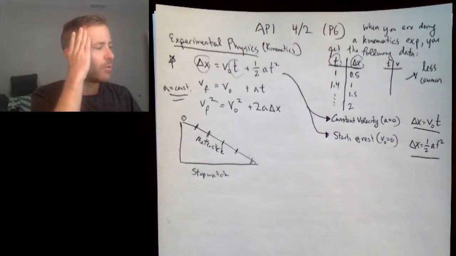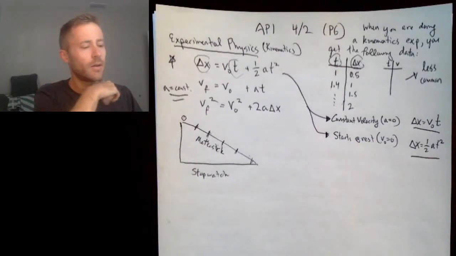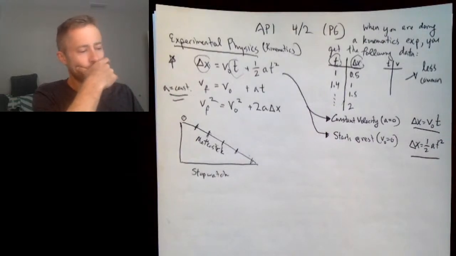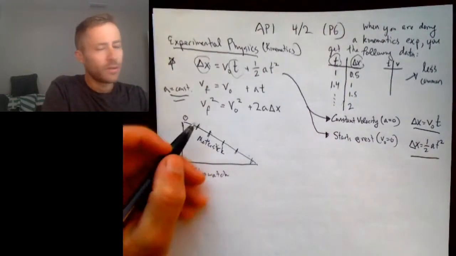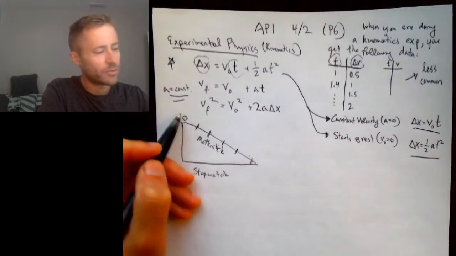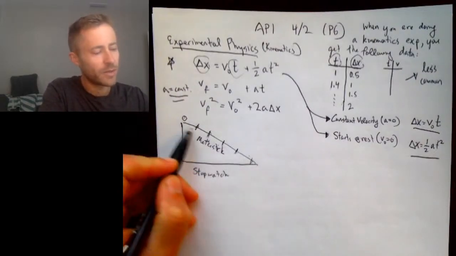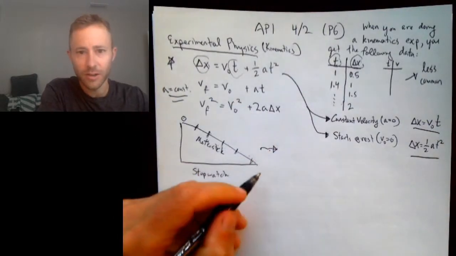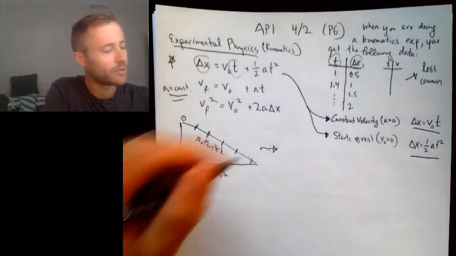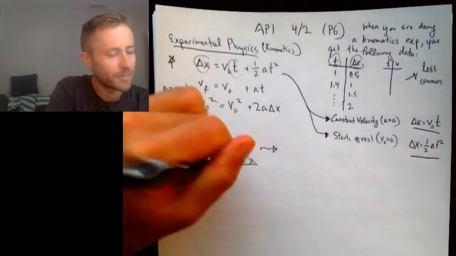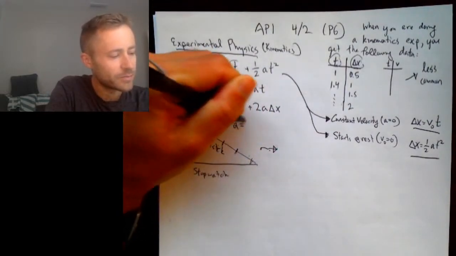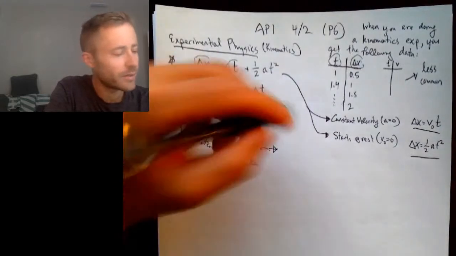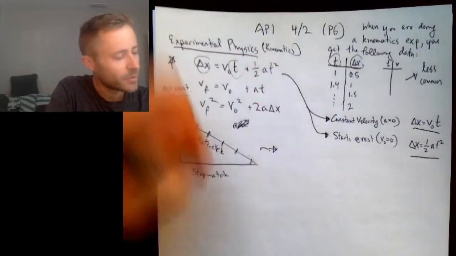So what if you did this experiment? So this experiment is obviously the ball is going to accelerate down the ramp. And so we want to know in this experiment, what is the acceleration? So let me write this here.